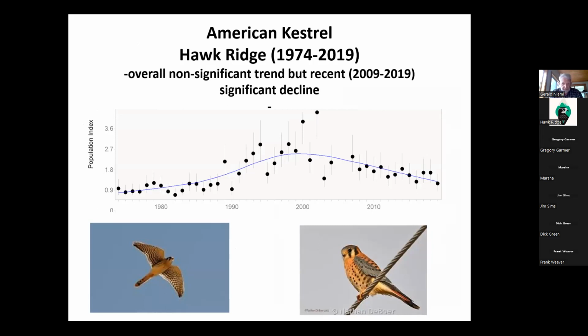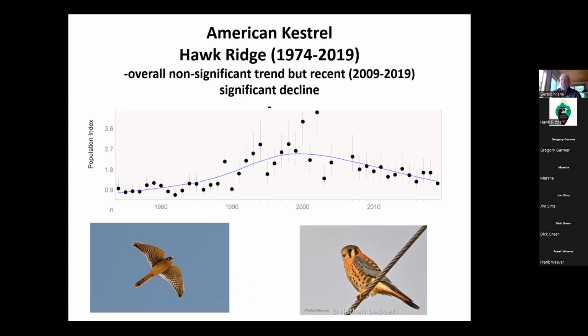But interestingly enough, the data from Hawk Ridge over that period, even though you can clearly see lower populations and an increase between that 1990 to 2010 period, and then recently, from 2009 to 2019, there's been a significant decline of that species.